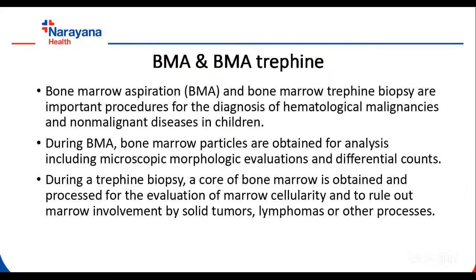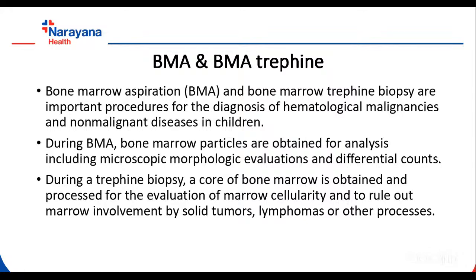Bone marrow aspiration and trephine. Bone marrow aspiration and bone marrow trephine are important procedures for diagnosis of various hematological and non-hematological conditions in children. In bone marrow aspiration, analysis including microscopical, morphological, and a differential count is given for myeloid series and megakaryocytes.